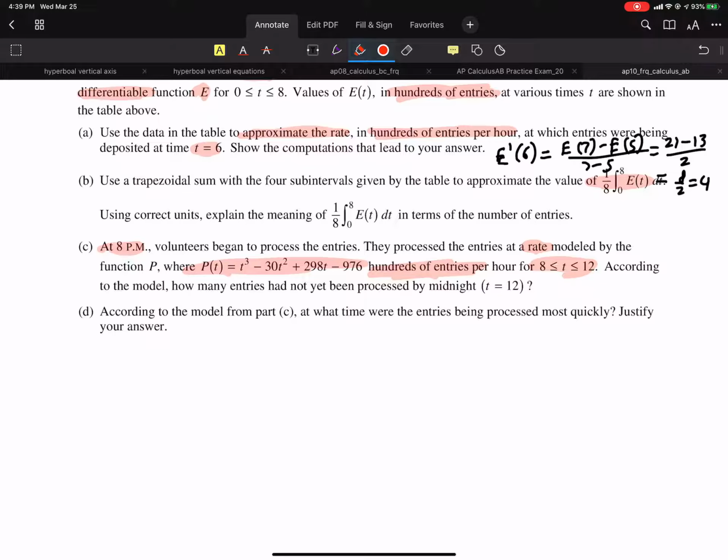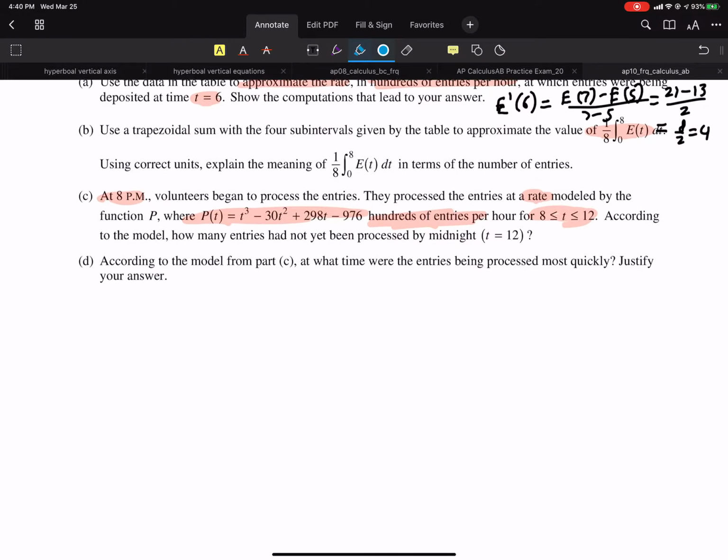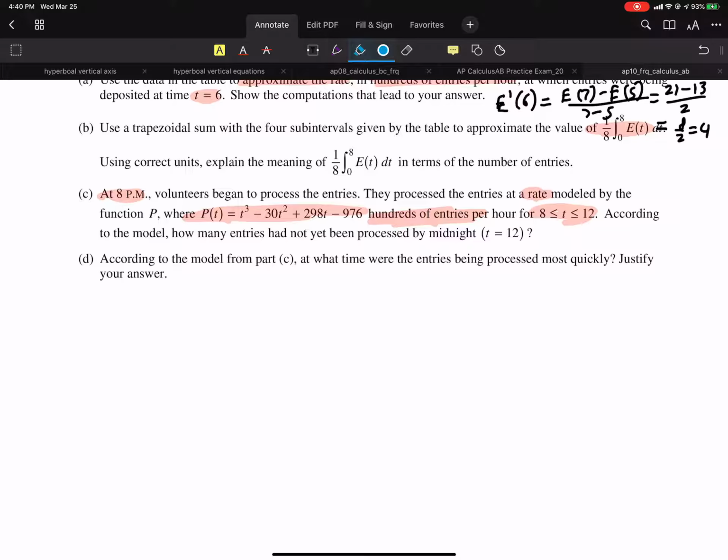So we have to figure out how many entries were actually processed and then subtract that from the total number of entries, which we were given here. We know that there were 2,300 entries in the box at 8 o'clock. So the number of entries processed, we'd have to integrate the rate at which entries are processed.